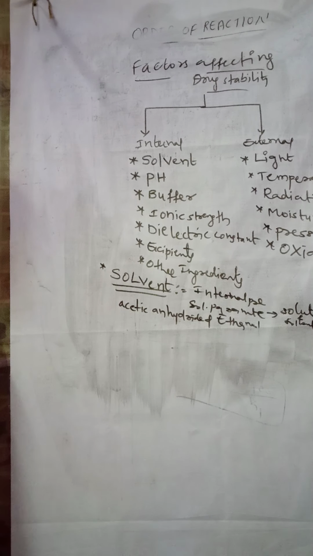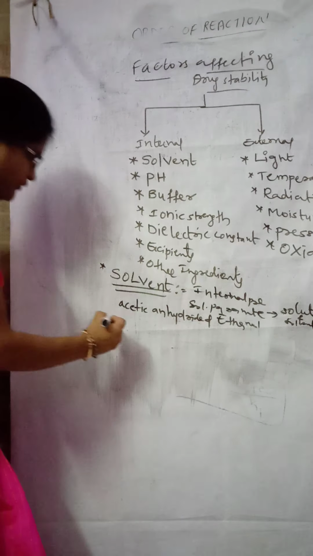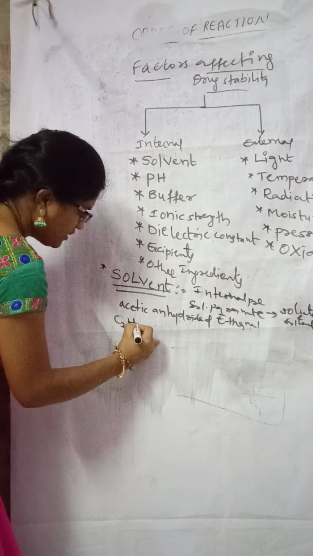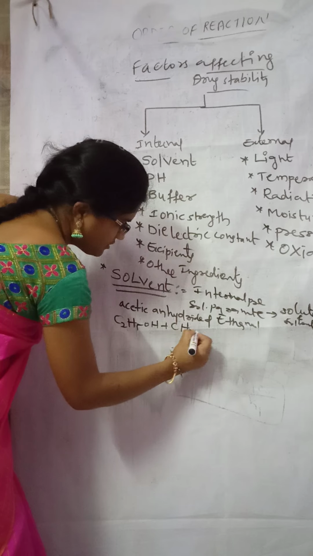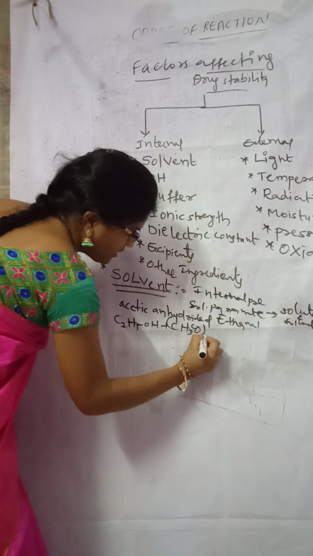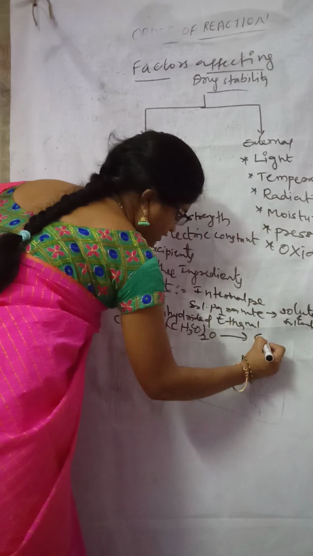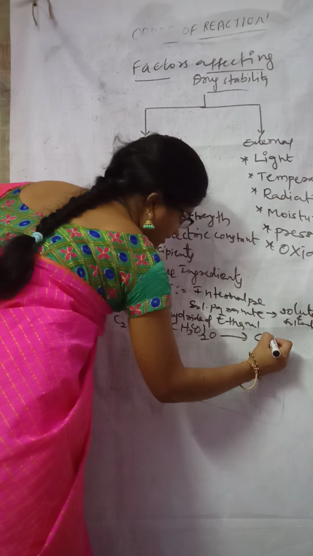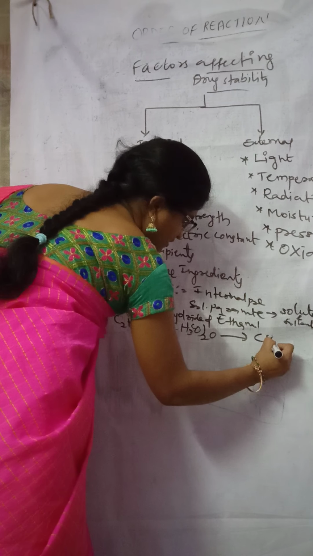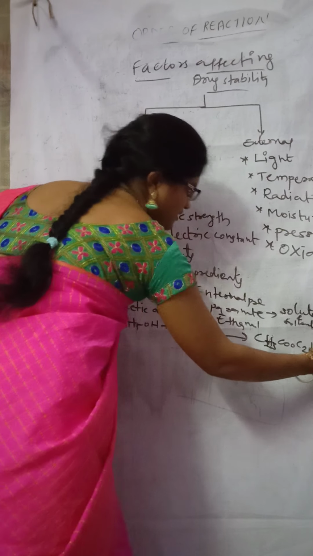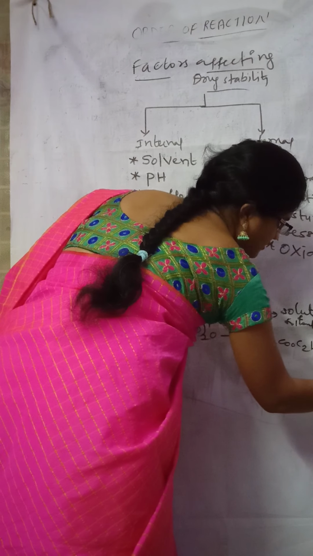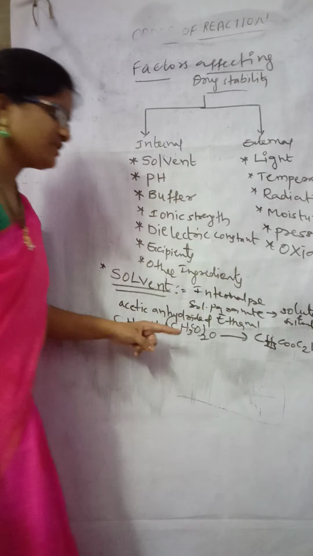The reaction is C2H5OH plus (CH3CO)2O gives you CH3COOC2H5 plus CH3COOH. So this is the reaction.